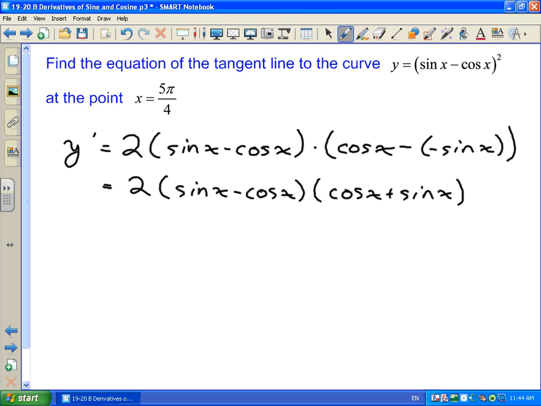I'm going to expand it because I know that because I have the same two terms here, sine x, cos x, one positive, one negative, I'm going to get some terms that cancel out. So this is going to work out to be 2 sine x cos x, but I'm going to have a minus sine x cos x that cancel. So I'll end up with sine squared x minus cos squared x after I do that expansion.